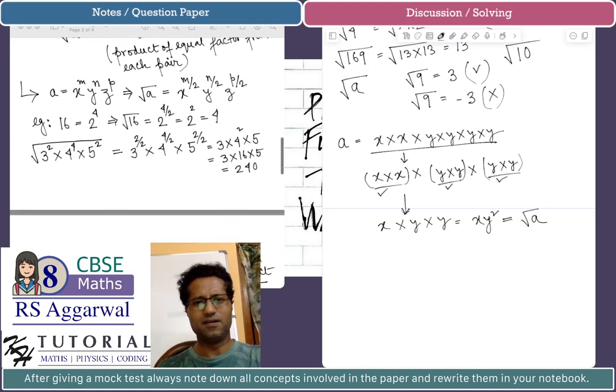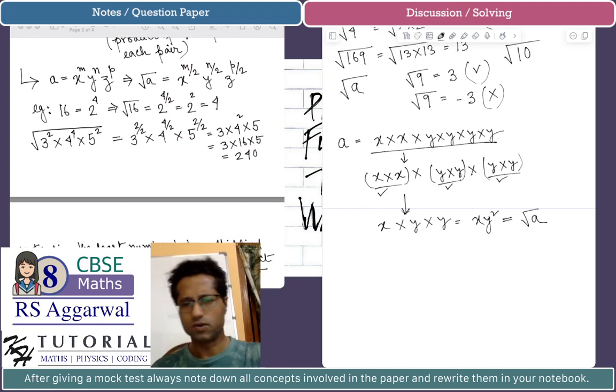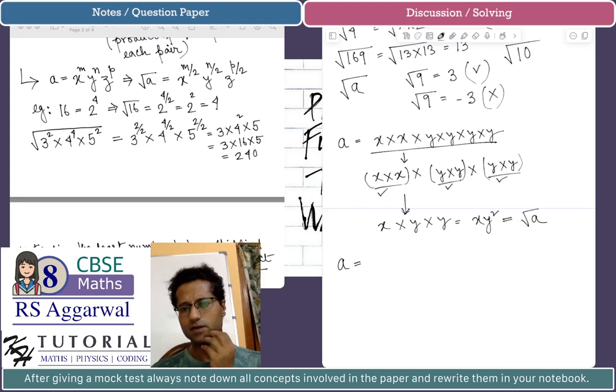Now, a little result you can keep in mind. Let's say you are given a number A, and you did a prime factorization of A, and you have gathered all the equal factors together.